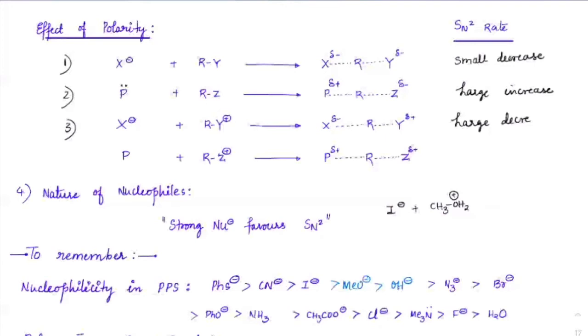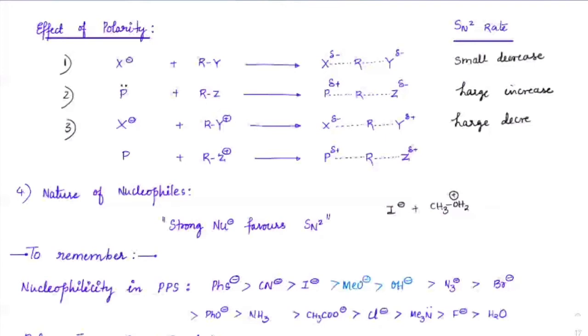Last case, we have a neutral nucleophile approaching a positively charged substrate. Then the nucleophile will attack here, and the Z minus, Z plus will come out of it. Correct. Now here again, this is completely solvated. This is not solvated.